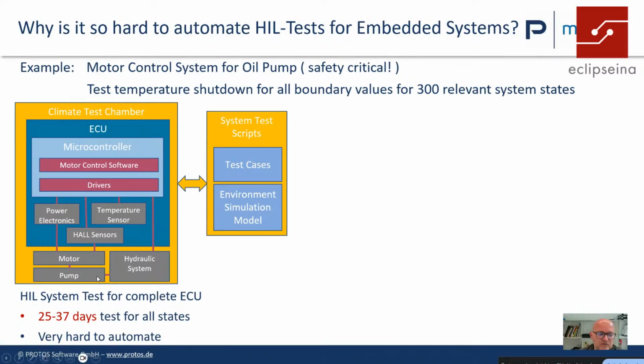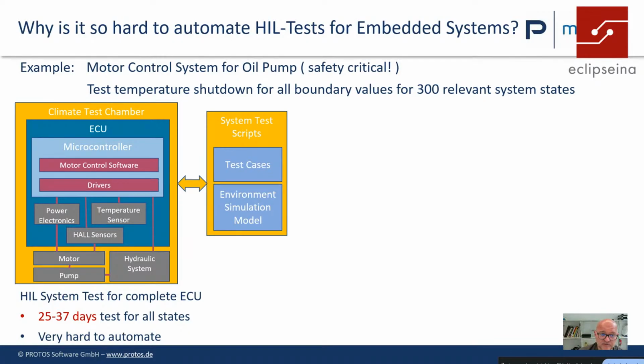And what they had before, they put their system under test. This was the complete system, including the hydraulic system, the motor, the pump, the ECU, and the microcontroller in a climate chamber. 2 meters high, I don't know, maybe 1.50 meters deep. And now you can imagine how long it takes to go from plus 40 degrees centigrade to minus 40 degrees centigrade.